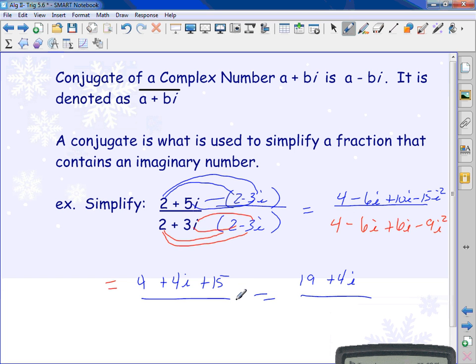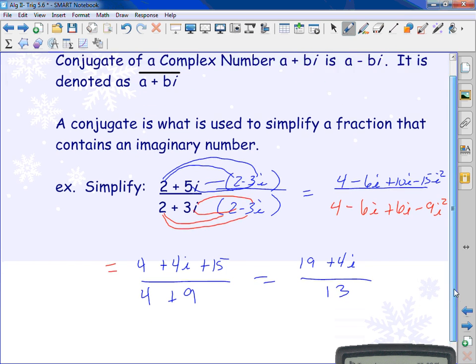On the bottom, I have 4. What's negative 6i and positive 6i? 0. What's negative 9i squared? 9. So plus 9. What happened on the bottom? There's no more i's. That's what the conjugate does. Gets rid of the i's. And 4 plus 9 is 13.